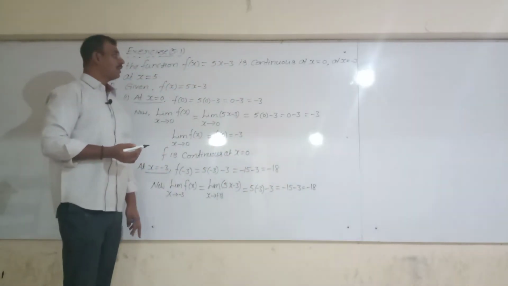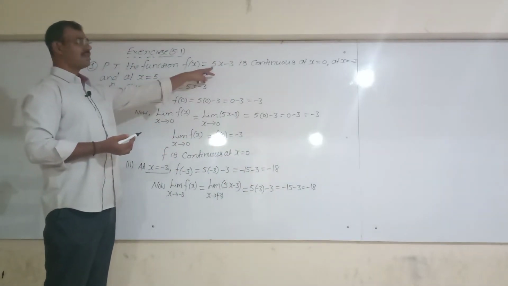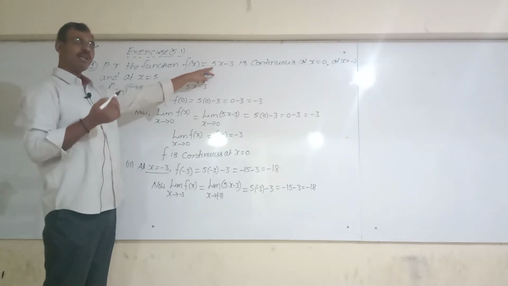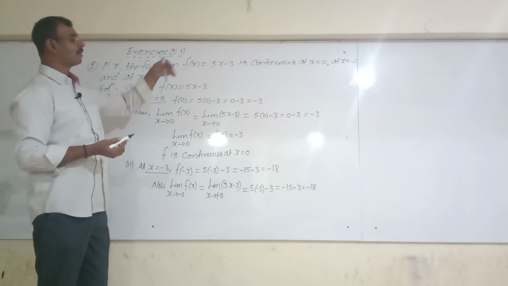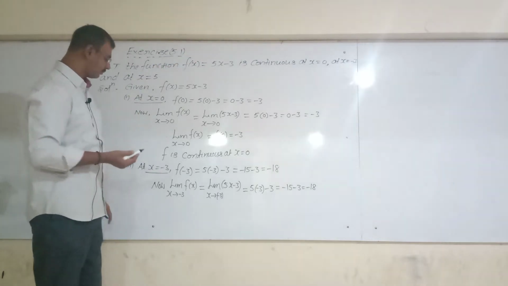So clearly, our observation is always correct. Every polynomial function is continuous for all real numbers.